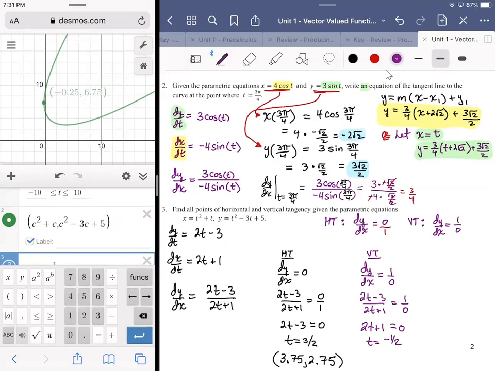In this case, we weren't given a restriction to the domain, so we don't have to worry about it. But if this said only focus on values of x greater than or equal to 0, then we would disregard this. So that's something you got to keep in mind. But it turns out neither of those things are relevant in this case, so we're good to go. So negative 0.25 or negative a quarter if you want, comma 6.75.